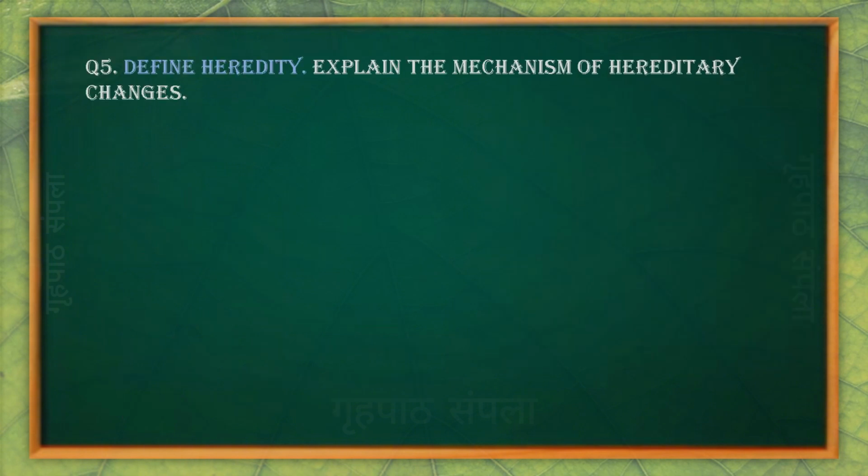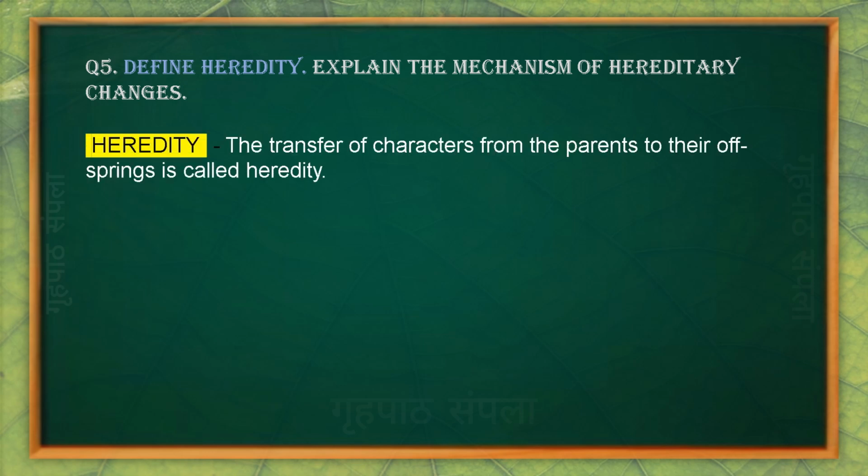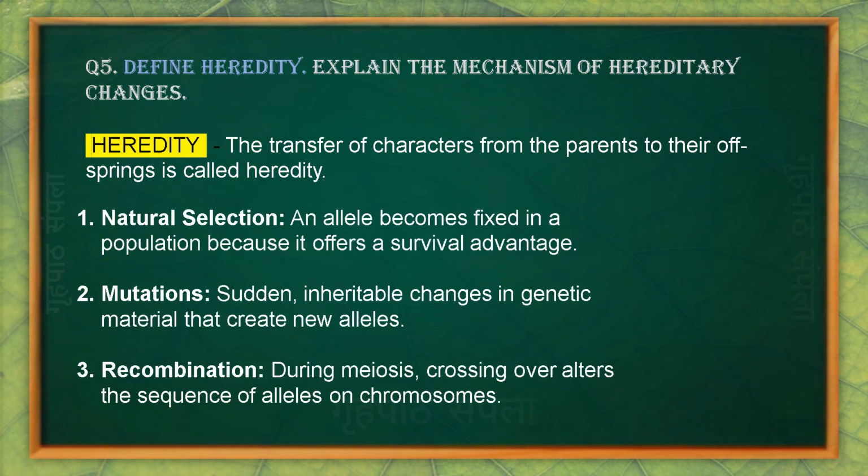Question 5. Define heredity. Explain the mechanism of hereditary changes. Heredity. The transfer of characteristics from the parents to their offspring is called heredity. 1. Natural selection.